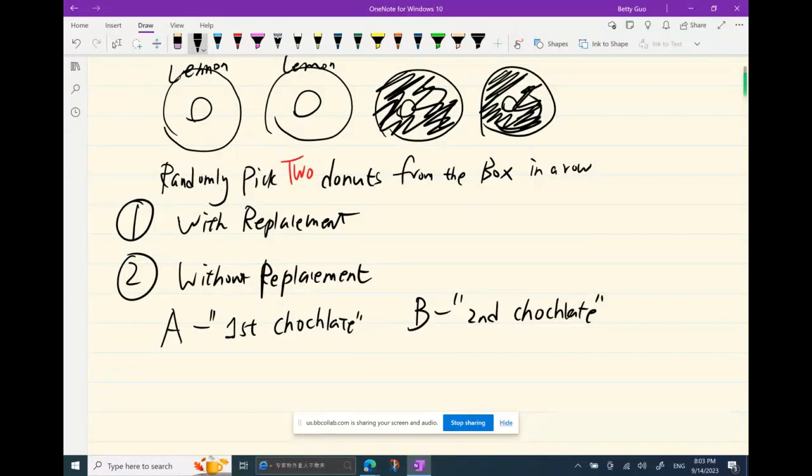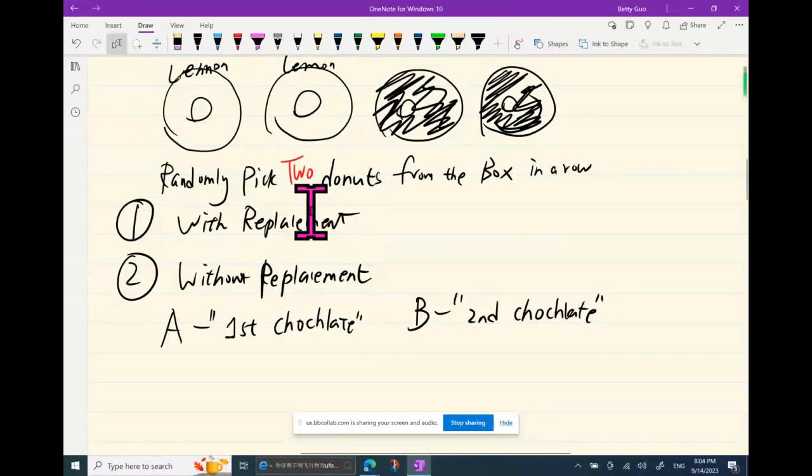The second case is you pick a donut first and then you eat it, so you cannot put it back. Then you pick the second donut. Am I clear about this? So basically we have 2 procedures.